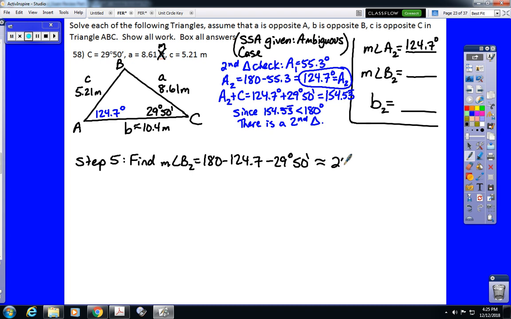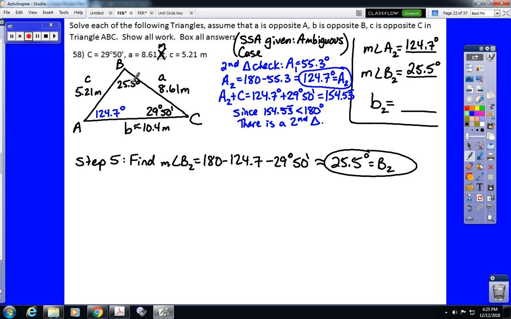That would be 25.5 degrees, because again we're going to round to 3 significant figures, so 25.5 degrees. So this angle up here would be 25.5 degrees in our second answer.